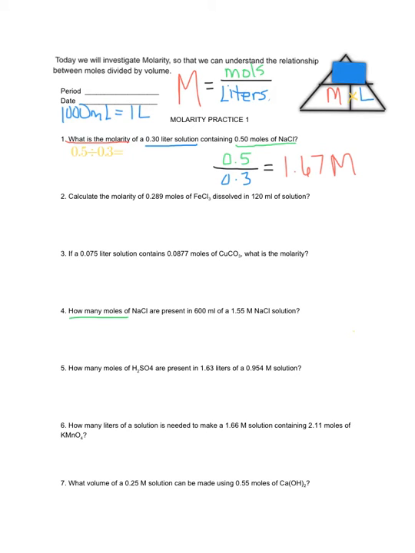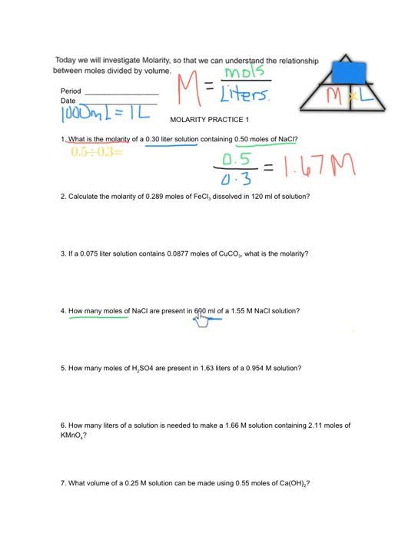All right. Moving on to the next part of our problem, the next number we come across is 600 milliliters. And that is definitely a volume right there. Now there's something up with this because remember, our volume needs to be in liters. And we're running into a situation where we have milliliters here.